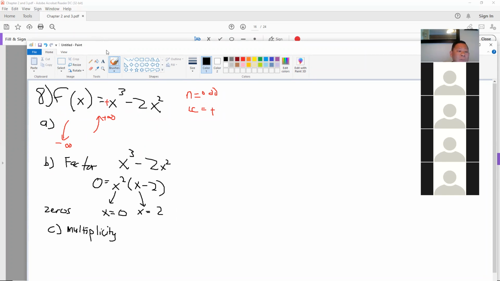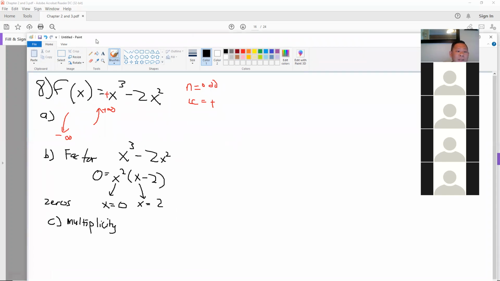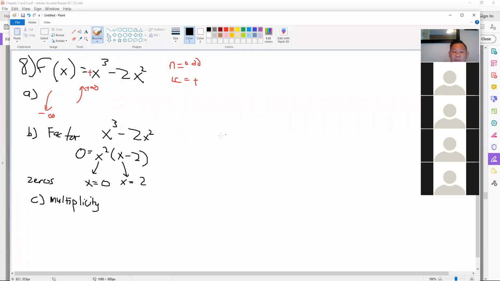What is multiplicity? It's the k. Remember last time, when you have a factor, whatever power you get, that is your multiplicity. So if you look at this x squared, you get 0. So this has what multiplicity? This has even multiplicity. The reason this is an even multiplicity is because this power is even. That's how you figure it out. It's very easy.